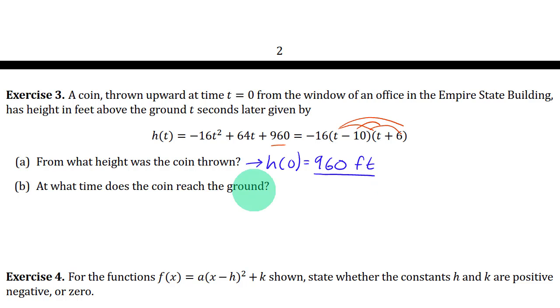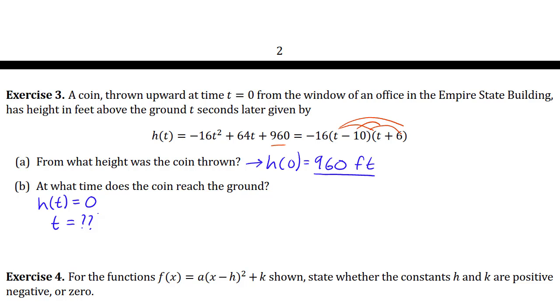Okay, so at what time does the coin reach the ground? Okay, so if it's telling you the coin reaches the ground, that tells you the height. The height is 0. T is unknown here. That's what we're trying to find, is what is that time.